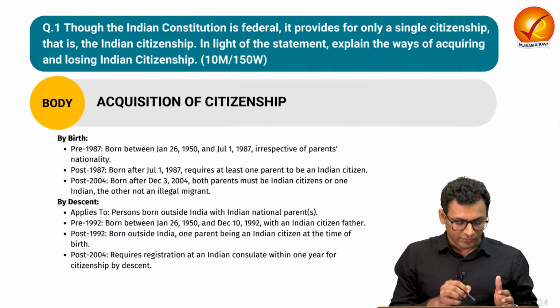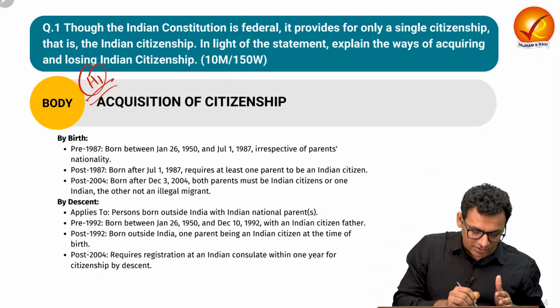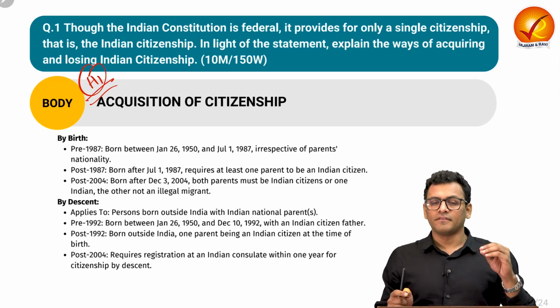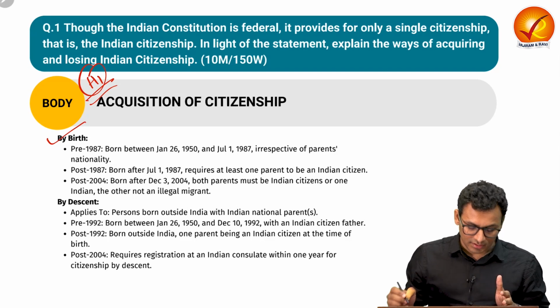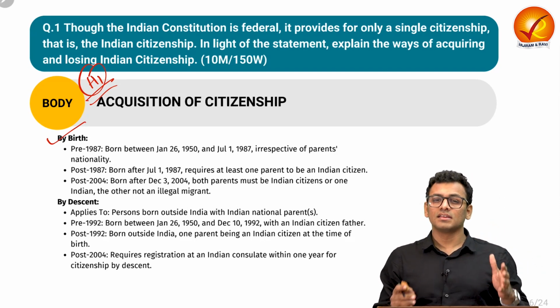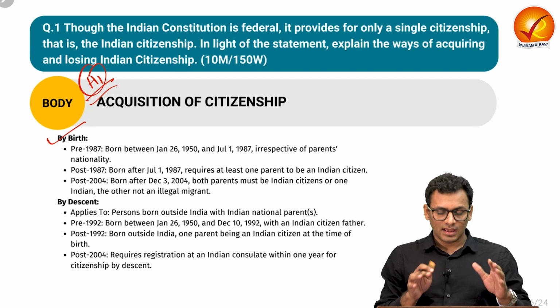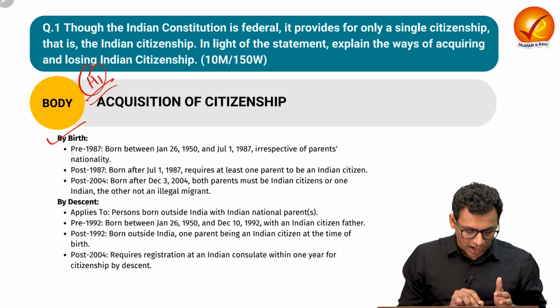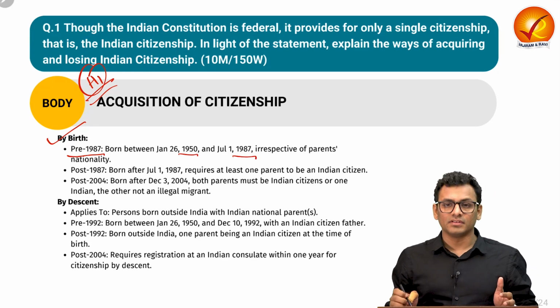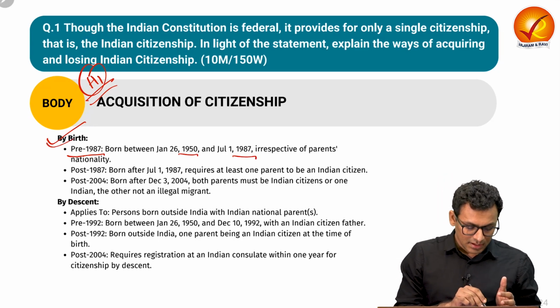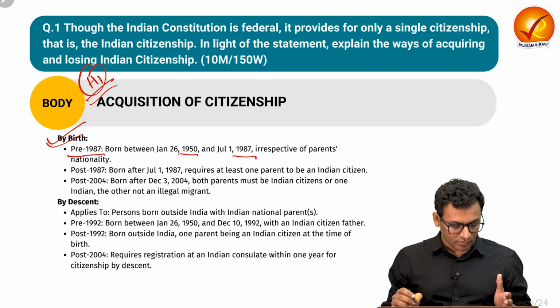So let us see the body, where we will be talking about the same in a detailed manner. First heading, we will talk about the acquisition of citizenship. We have 5 ways through which we can acquire citizenship. The very first is by birth. We have certain criteria based on the timeline, and for the same we can talk about how people born between 1950 and 87, irrespective of parents' nationality, can acquire the citizenship of India by birth.